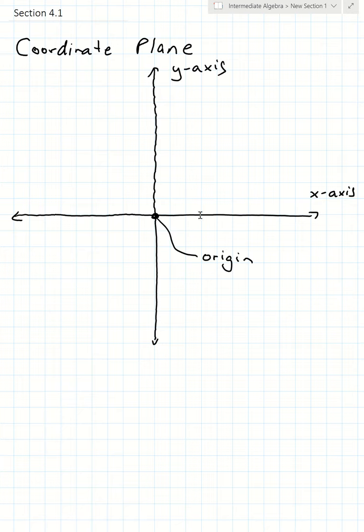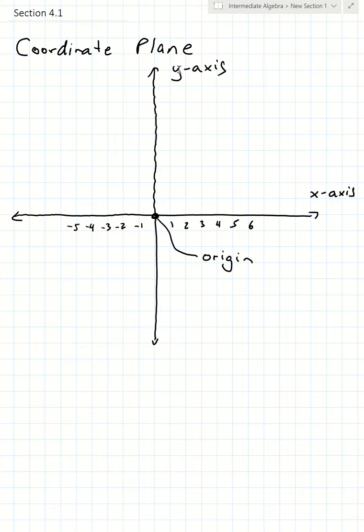And as you can see, if we were to put the numbers on the number line, the positive numbers would go in terms of the x-axis to the right: 1, 2, 3, 4, 5, 6, and so on. The negative numbers, as we know, go to the left: -1, -2, -3, -4, -5, and so on.